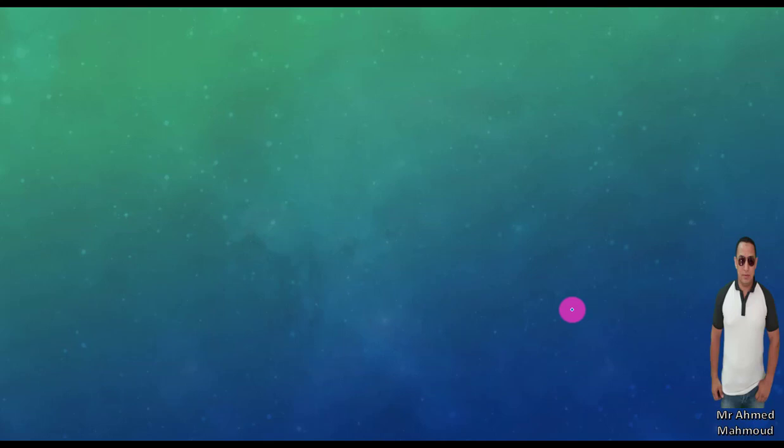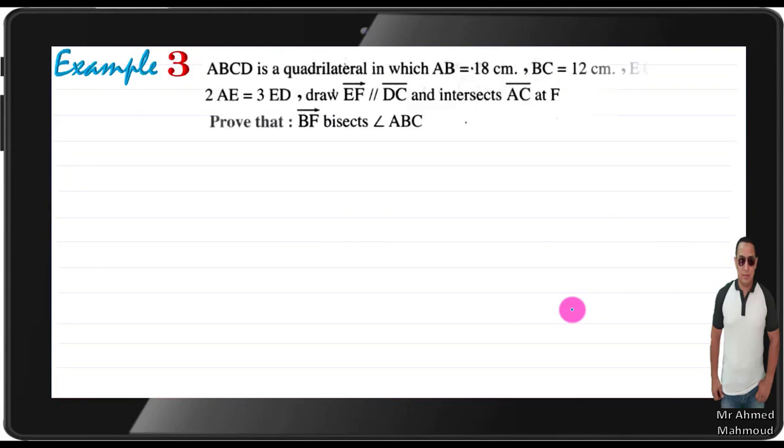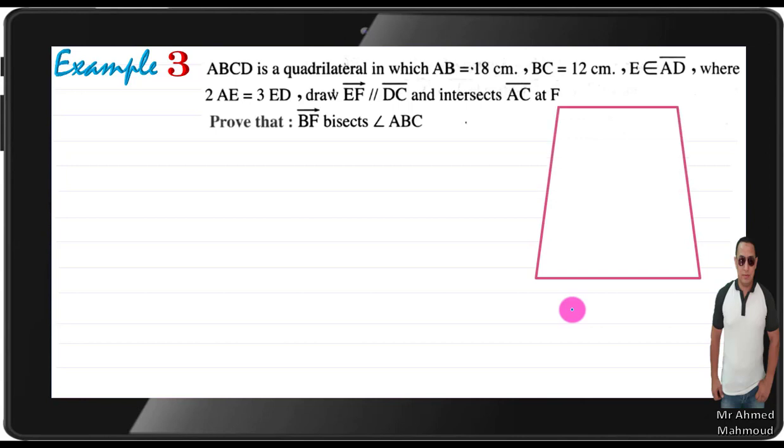Now, example 3. ABCD is a quadrilateral, so I need to draw a quadrilateral like this and call it ABCD: A, B, C, D. AB equals 18, BC equals 12.